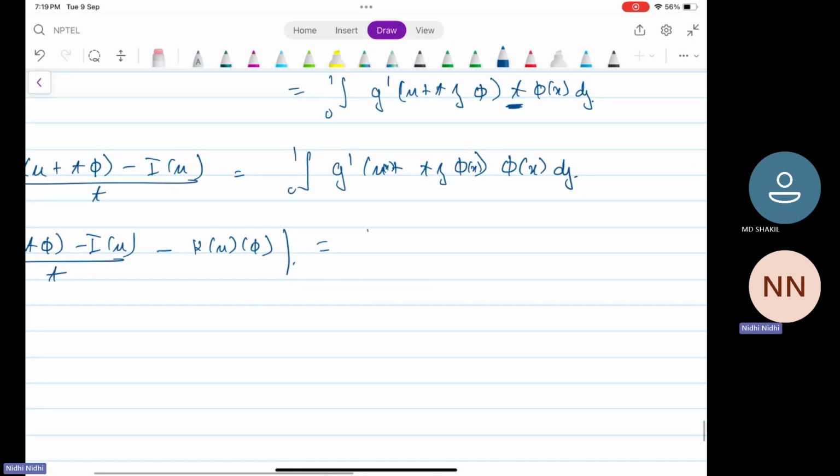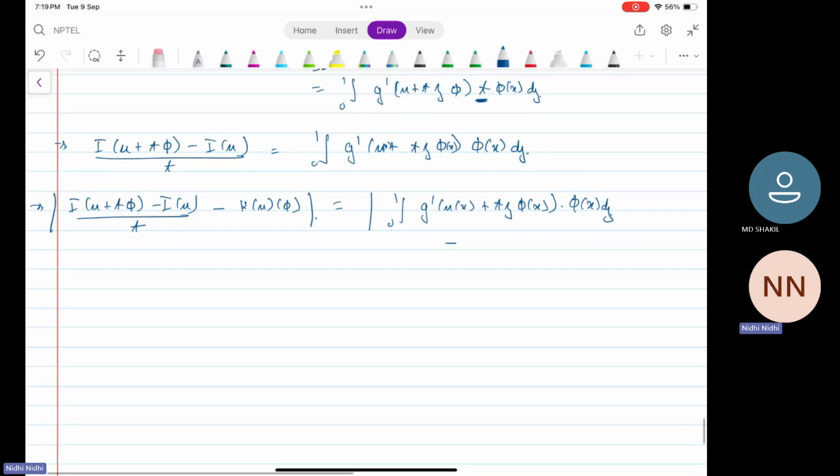So this is equal to the modulus of the integral from 0 to 1 of g'(u(x) + tzφ(x)) dz minus K(u)φ. K(u)φ was the integral over Ω of g'(u(x)) times φ(x) dx.